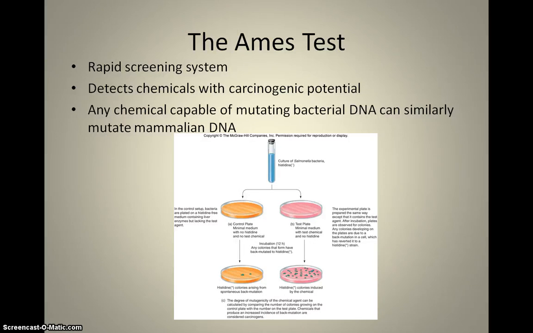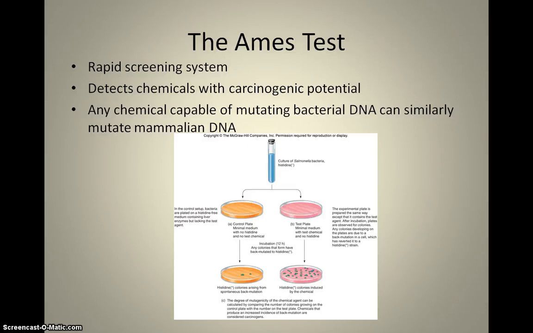All right, so there's a way in which we can screen for different compounds to determine whether or not they're considered mutagenic. And typically when things can mutate DNA, they can also be considered carcinogenic. Now, the DNA structure of bacteria is very similar to the DNA structure of humans, right? So of eukaryotic organisms.